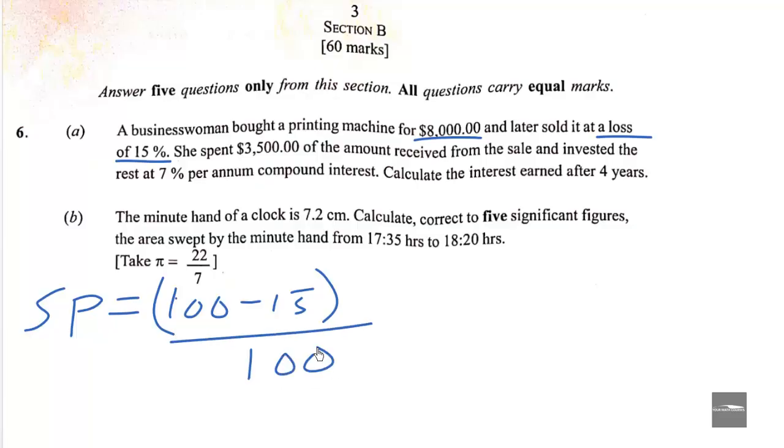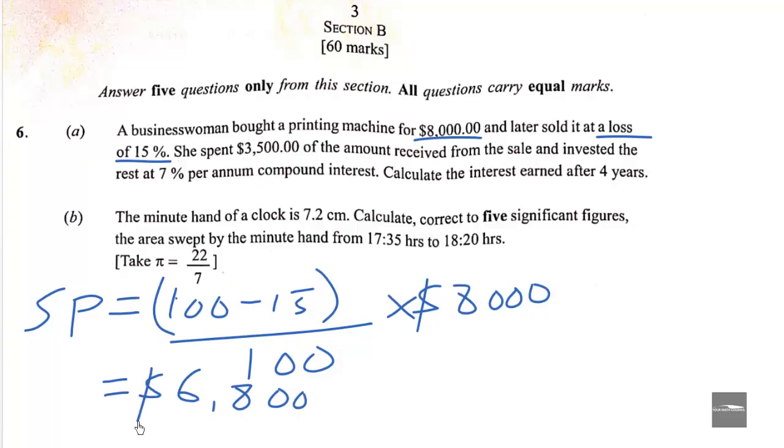So 85 over 100 times the selling price, which is $8,000, will simplify to $6,800. You can simplify this to get this. I want you to do that for me.